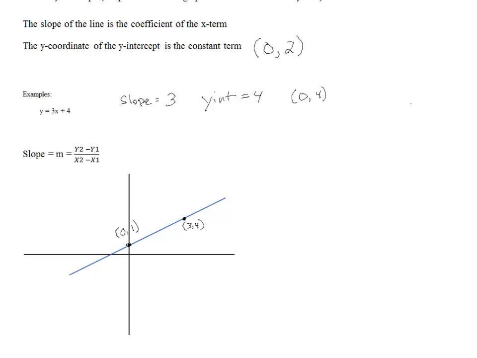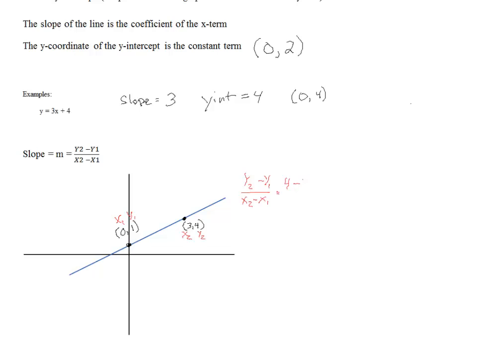So if we label our points, we could name this x1, y1, and this x2, y2. And then our equation is y2 minus y1 over x2 minus x1. Our y2 would be our 4 minus our y1, which is 1.